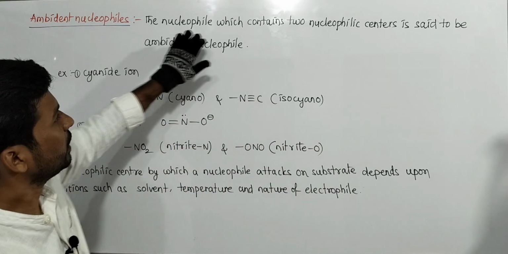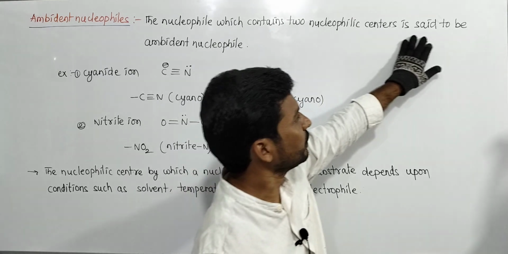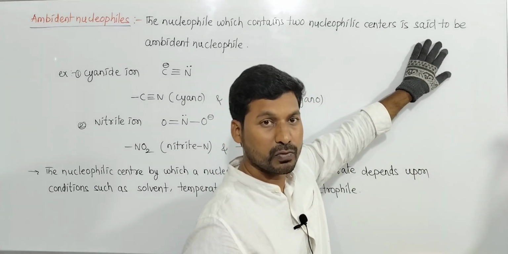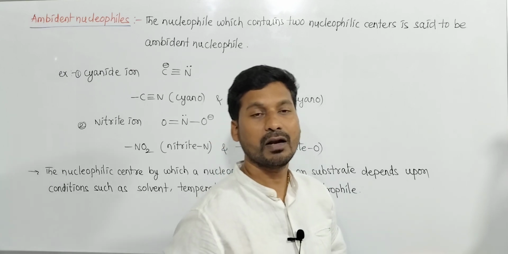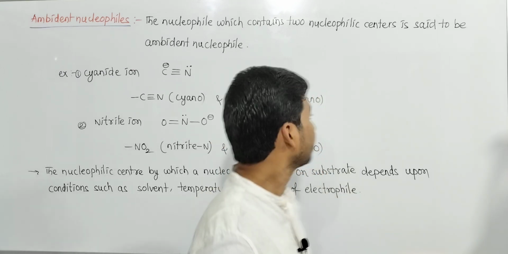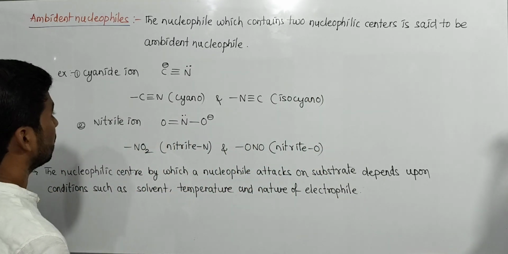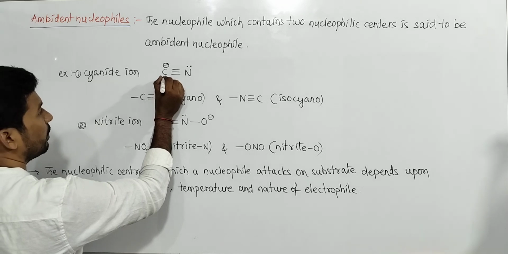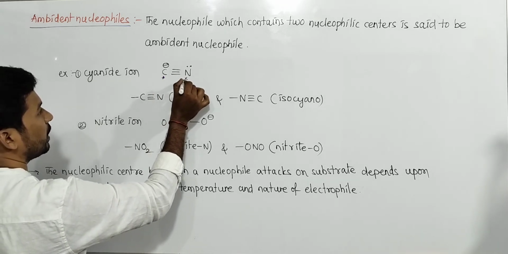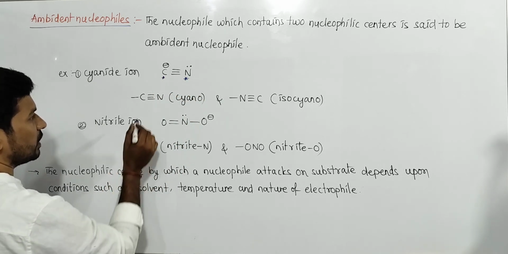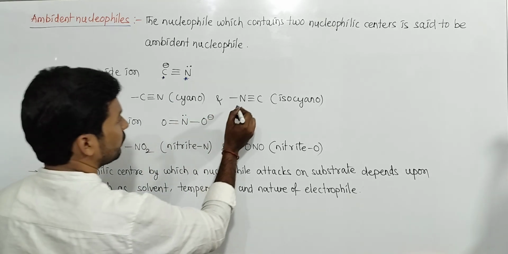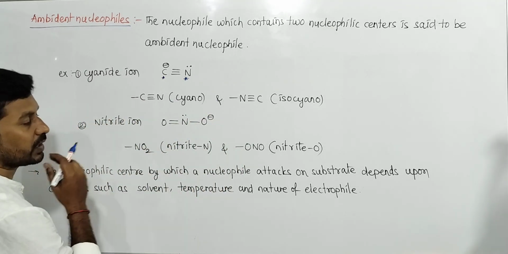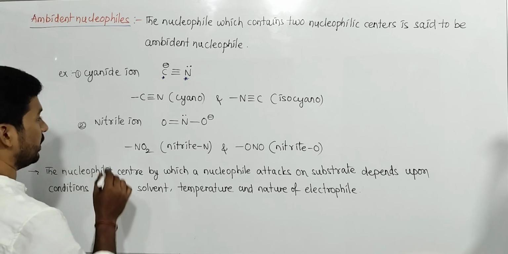Example, cyanide ion: carbon is one nucleophilic center, nitrogen is the other. If carbon is the nucleophilic center, it becomes a cyano nucleophile. If nitrogen is the nucleophilic center, it becomes an isocyano nucleophile.